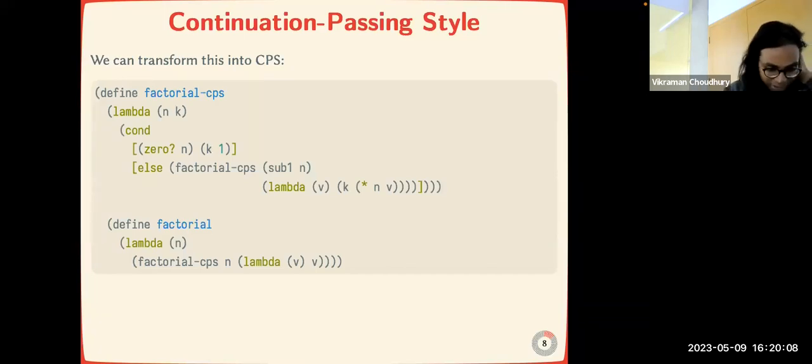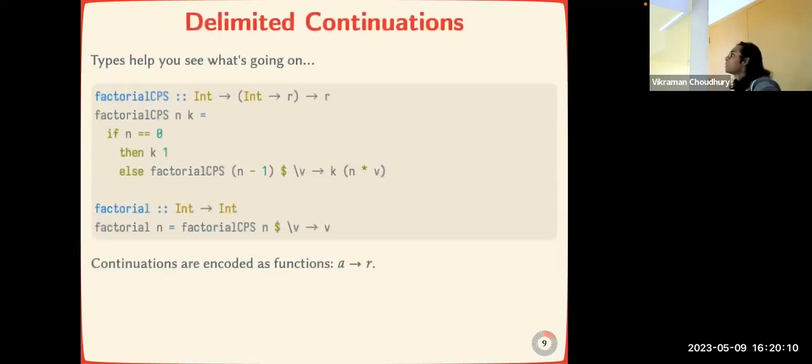This is all Scheme, it's untyped, but I like types. If you like types, there is this thing called delimited continuations where you can use functions to represent continuations. So continuations of A are just A to R, where R is the result type, and every continuation has to return something.